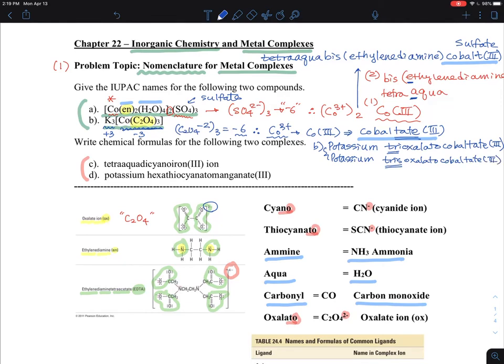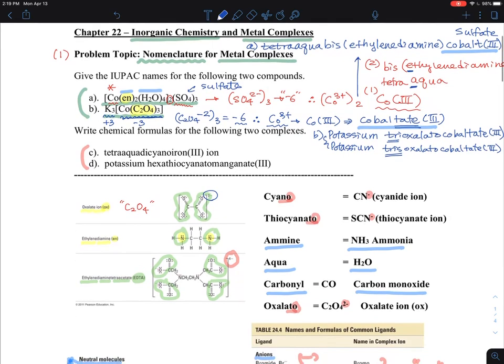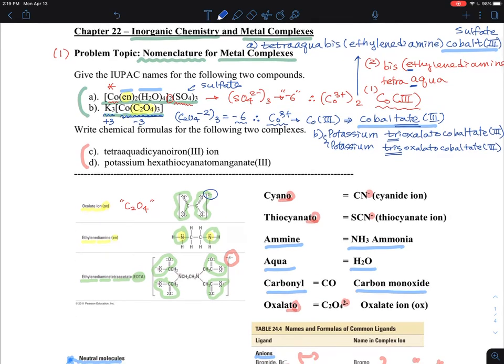Okay, so those are the answers for changing the chemical structure into the name. And the other way around is actually much easier. You can imagine. So this one is okay, tetra aqua. Right.